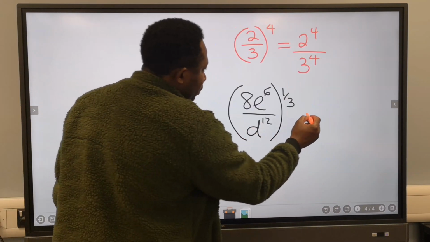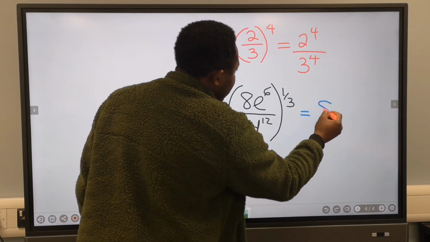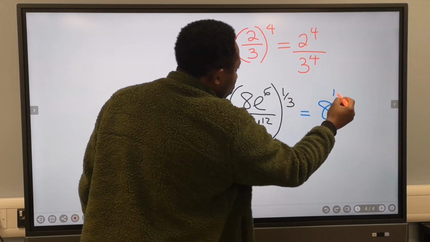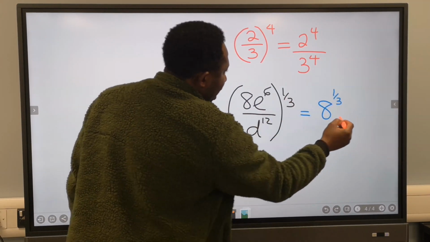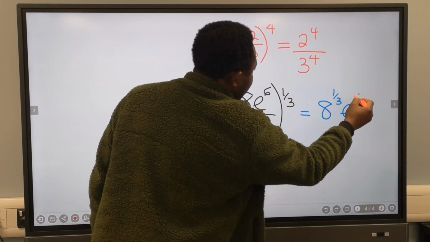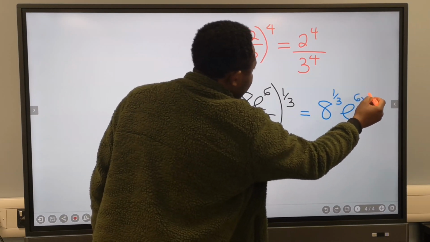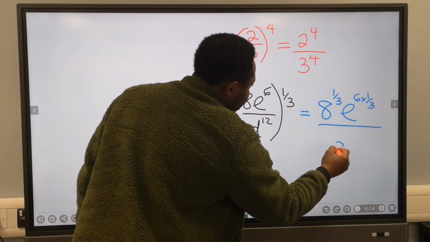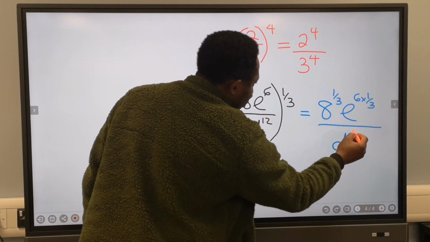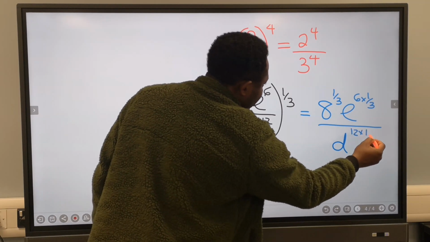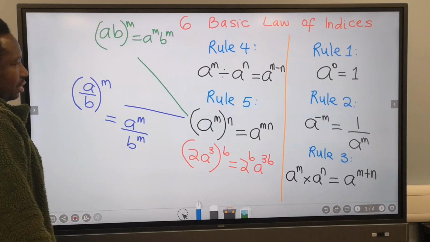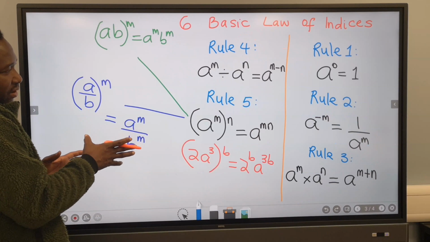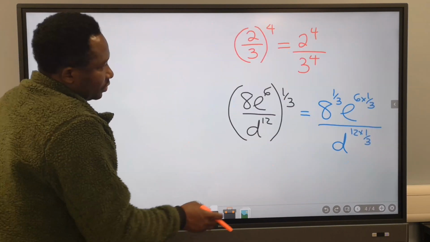That is, I'm going to have 8 to the power of 1 over 3, and this e to the power of 6 will multiply 1 over 3, and this d in the denominator will also multiply 1 over 3 according to the 5th rule.